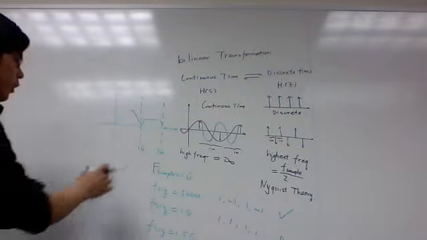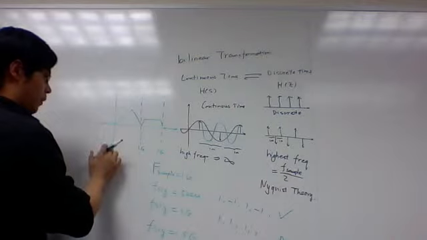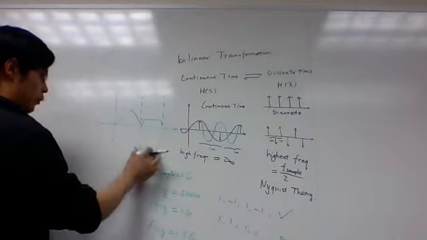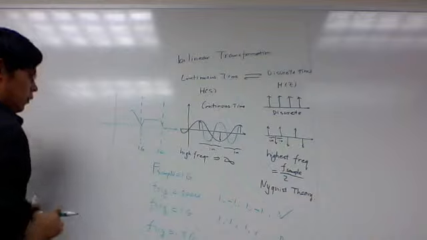So your 1 gig will become DC, and 2 gig will become 1 gig.